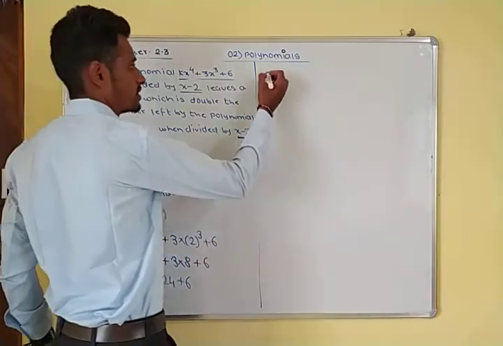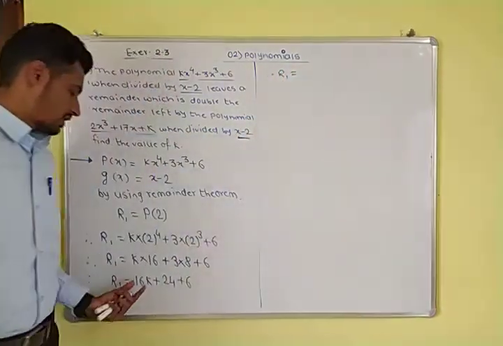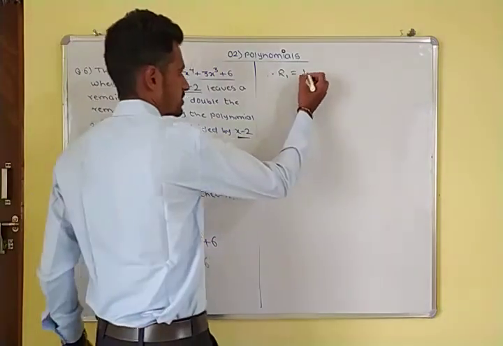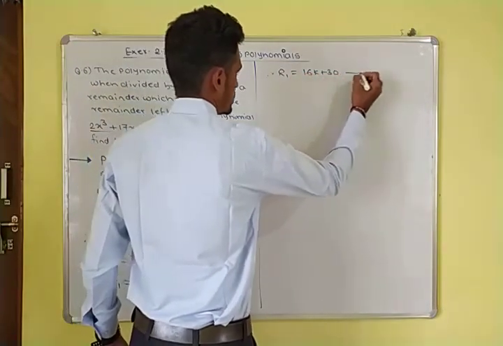Therefore r1 is equal to 16k plus 30. Say this is equation number 1.